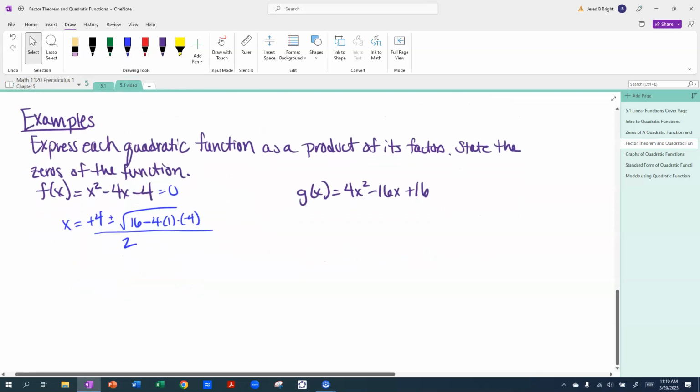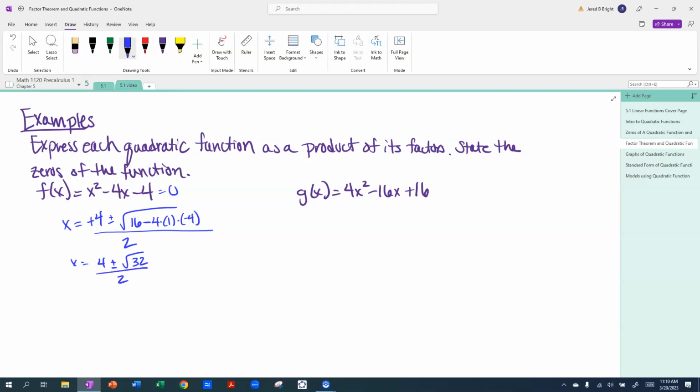And so x is going to equal 4 plus or minus, and let's see, this is going to be 16 plus 16, so square root of 32 over 2. If I simplify that, that's 4 plus or minus, 16 times 2, so I can write that as 4 square root 2 all over 2. So this is actually 2 plus or minus 2 square root 2.